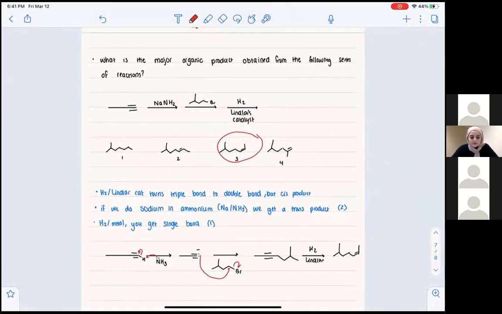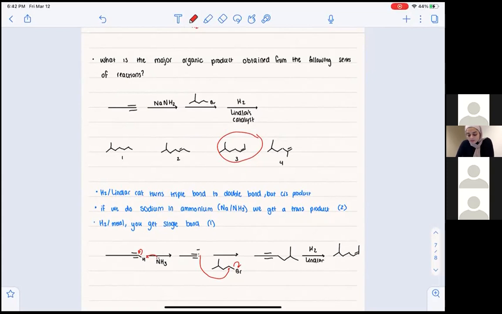300,000%. Dr. Dowdy could ask a question like this. If I were Dr. Dowdy, I would ask a question like that. So what you did first was the sodium and ammonia, right? Yeah. And it went to the carbon. That's not ammonium. It's just NH2.